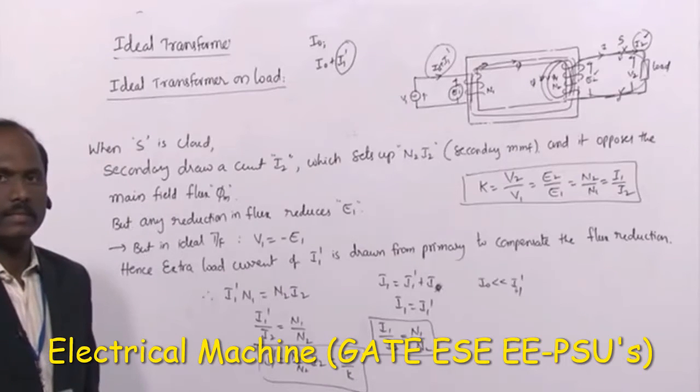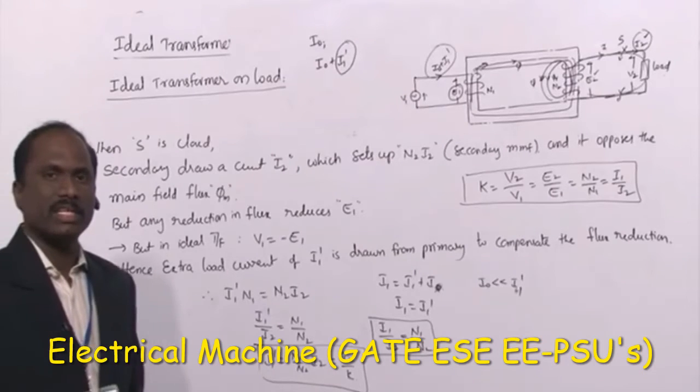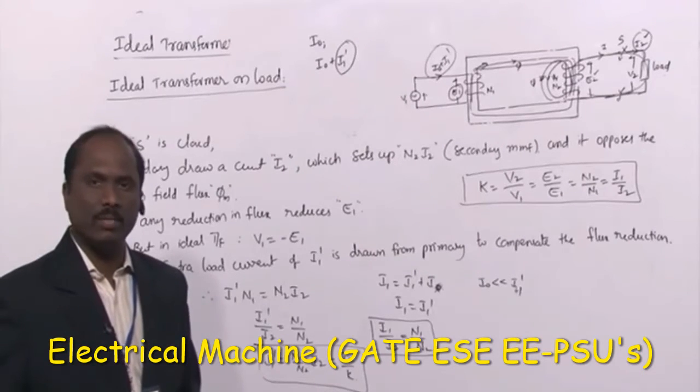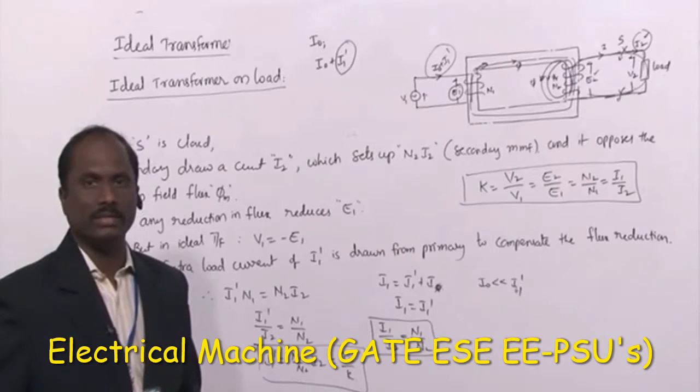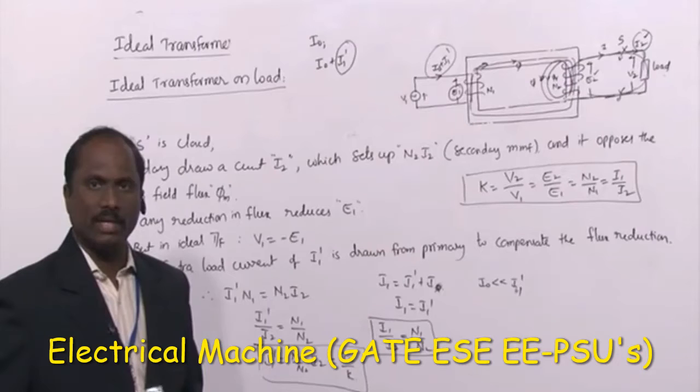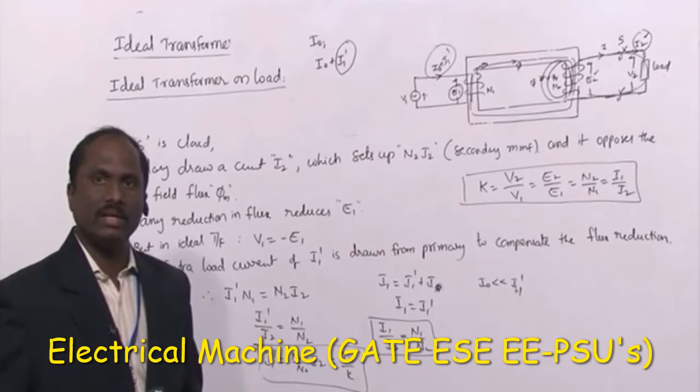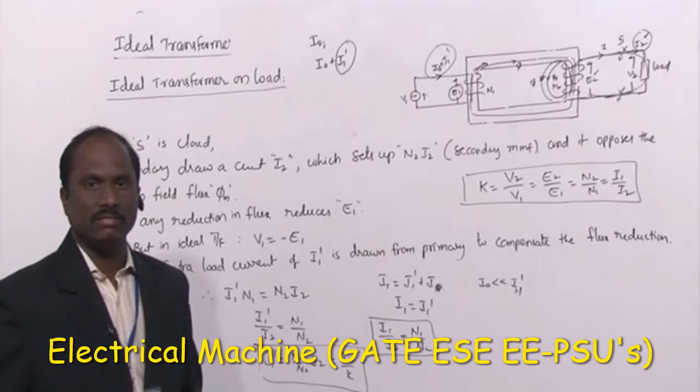Okay. Next, for this case, we are going to plot the phasor diagram. In the previous case, what have we done? We plotted the phasor diagram only for no load conditions, ideal transformer under no load condition. Phi 1 we are taking as the reference. I1 is in phase with that, V1 is leading that, E1 and E2 are in phase opposition to that, and V1 is equal to minus E1.